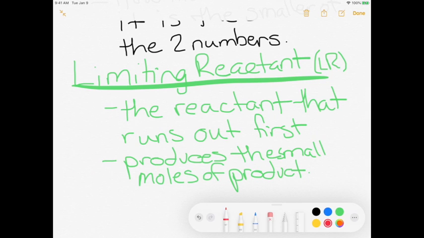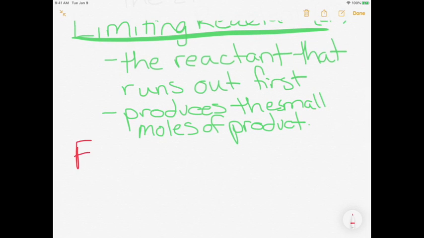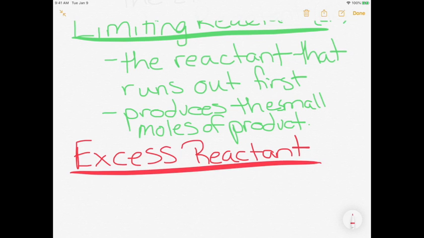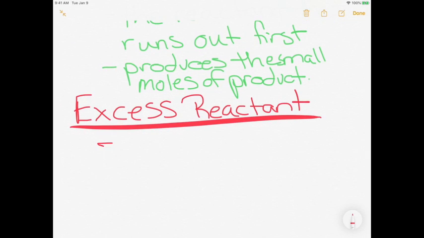And then if I look at the excess reactant, so our excess reactant is the reactant that is left over.